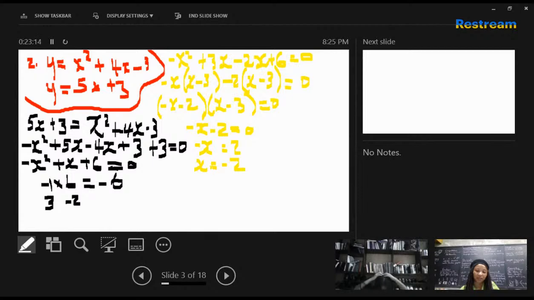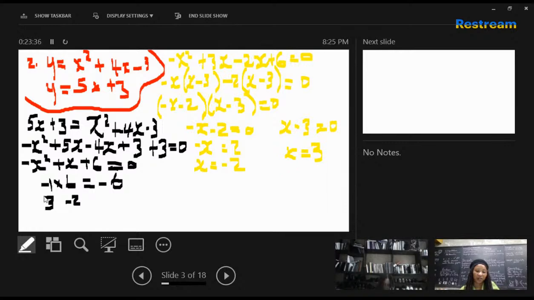For this one now, if x minus 3 equals 0, what is x? We bring over the 3, so x is 3. So these are our x values.